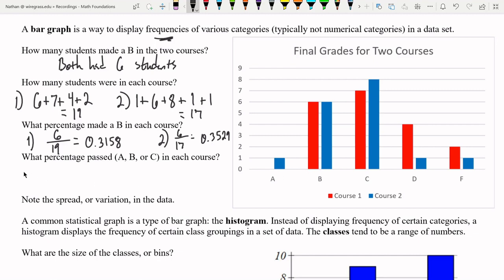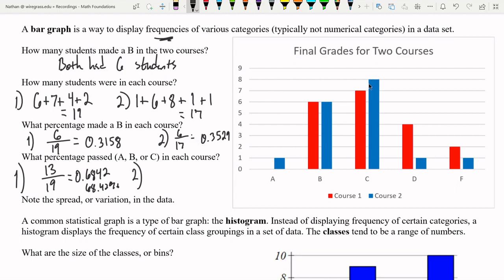For course 1, in the red, none for A. B was 6, and C was 7. 6 and 7 is 13. 13 passed out of the 19 total in the class. 13 out of 19 is 0.6842, or a 68.42% pass rate.